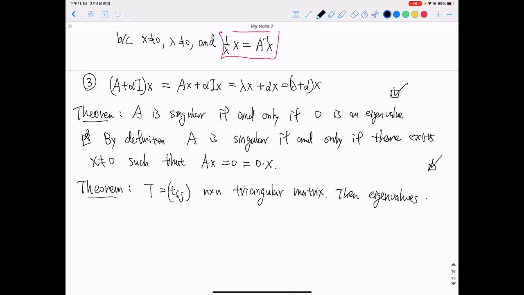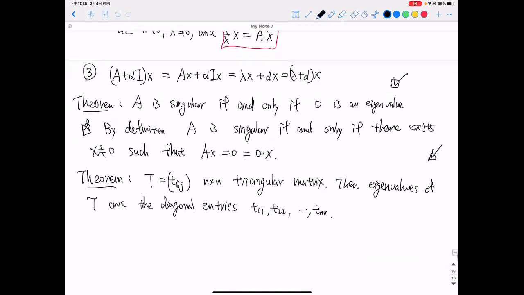Eigenvalues of T are the diagonal entries, namely T11, T22, and so on, Tnn. Okay.